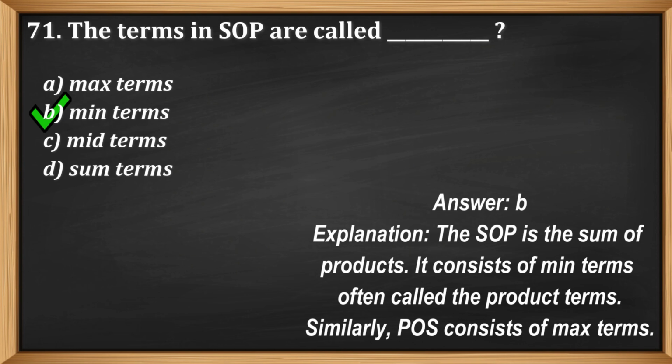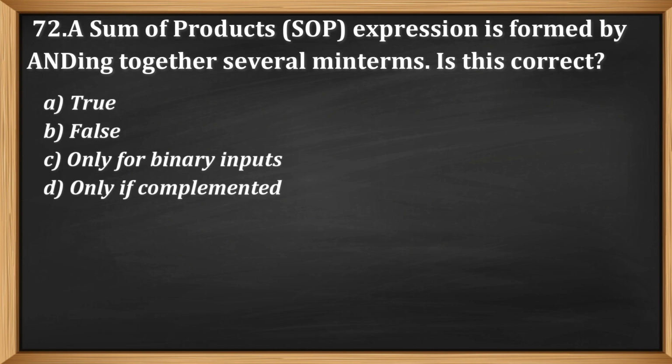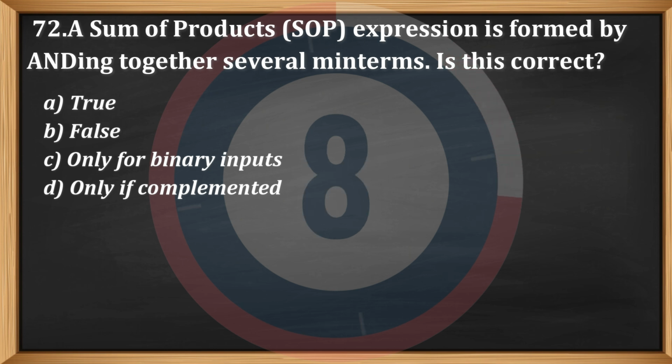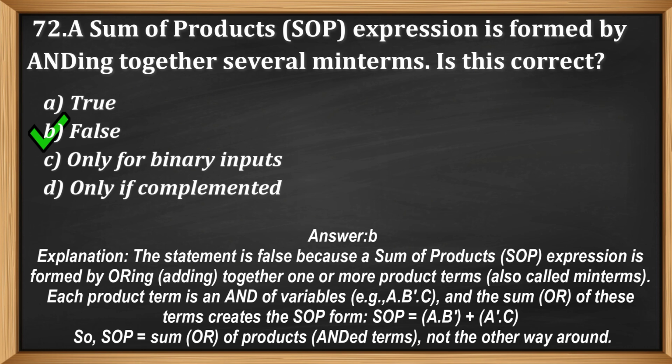The terms in SOP are called option B, min terms. A sum of product SOP expression is found by adding together several min terms. Is this correct? Option B, false.